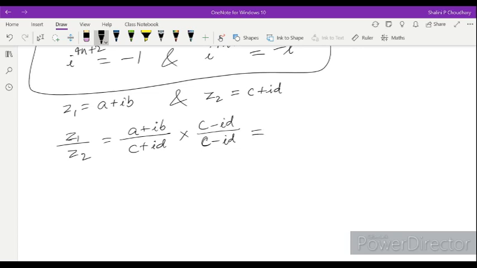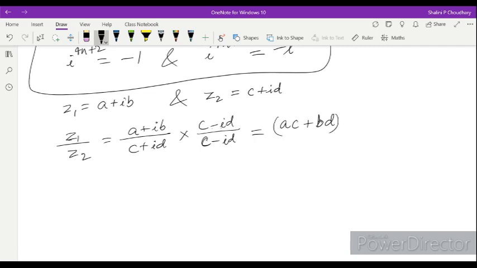So a plus ib into c minus id, तो क्या होगा, जनरली ac plus bd होता, ac minus bd होता था. So this will be ac plus bd. Why? Because minus i into i will be i to the power 4, मतलब 1.